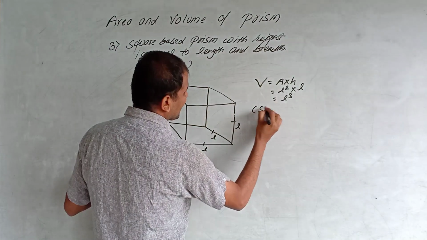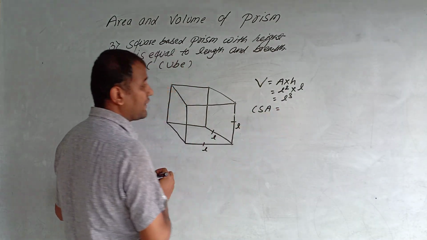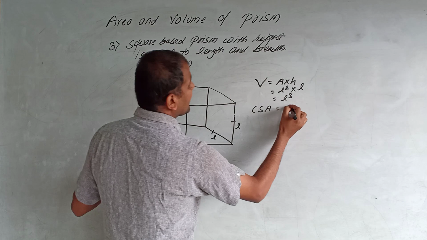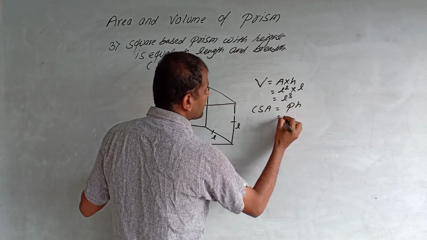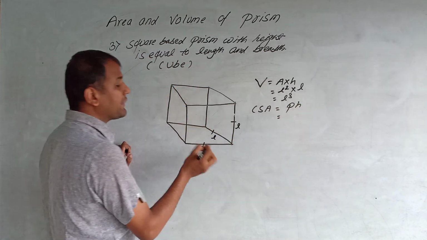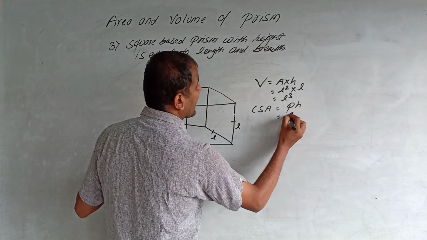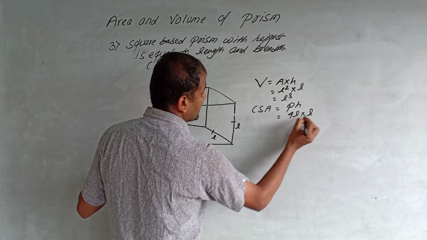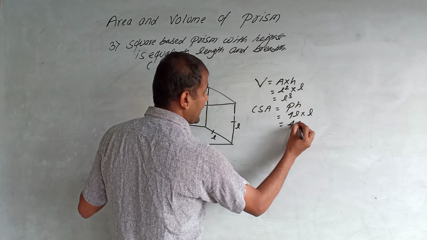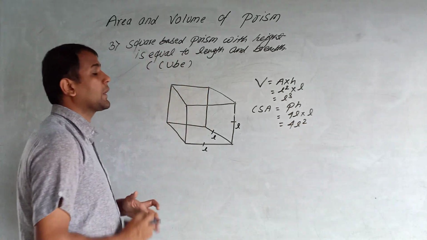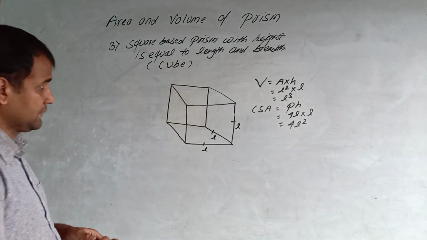So CSA, curved surface area, is equal to P into H. P means perimeter. Perimeter of the square is 4L and H is L here. So 4L square is the curved surface area of cube.